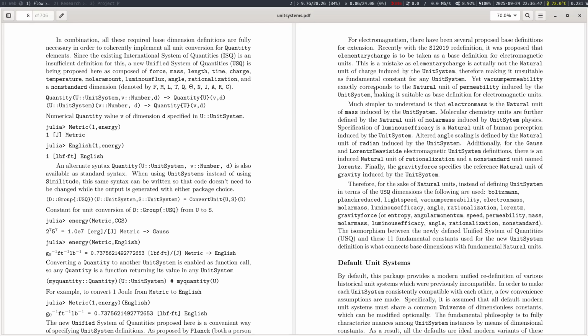And so what SI 2019 does is it doesn't actually define a proper unit system. It's not a proper unit system according to the standards that I've set out. So my standards are more strict than SI 2019, and the strictness of my standards means that SI 2019 is incomplete. It's not the correct way to approach it.